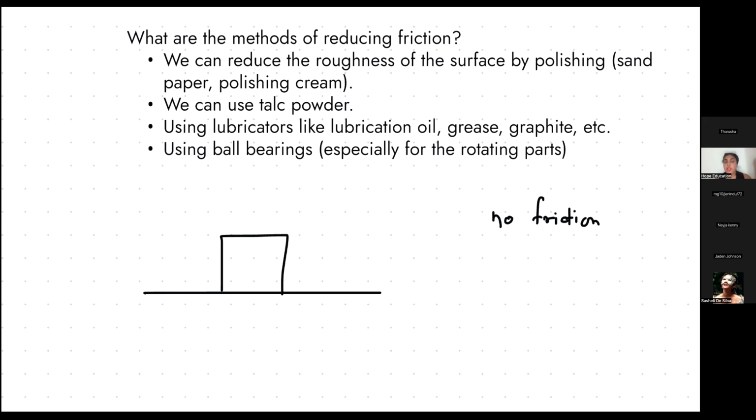No friction, that could cause slipping. If there's no frictional force between my feet and the ground, it's a little too easy, so I would slip. But thankfully there is friction.